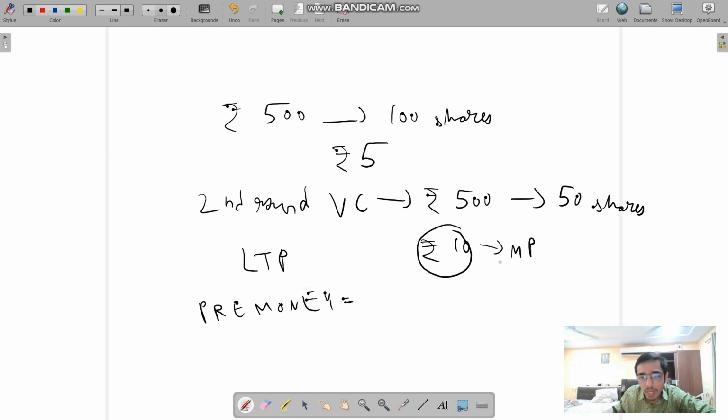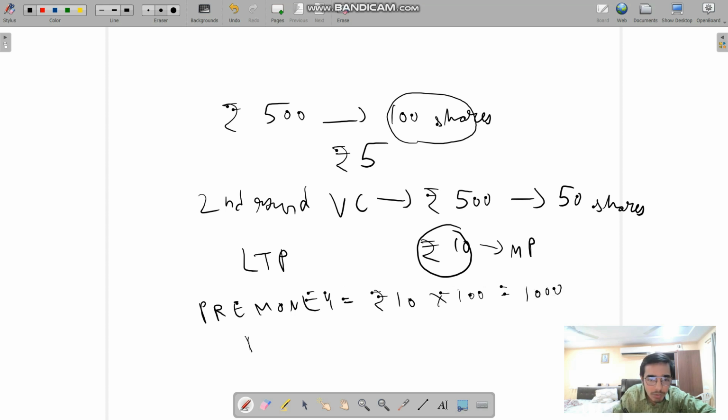Now in this case, the pre-money valuation will be calculated as the current share price, which is rupees 10, into the number of shares which were held by the founder before the second round. So 10 into 100, which is nothing but 1000.